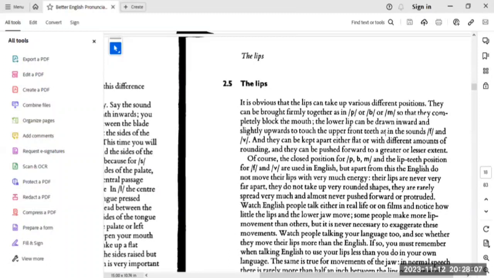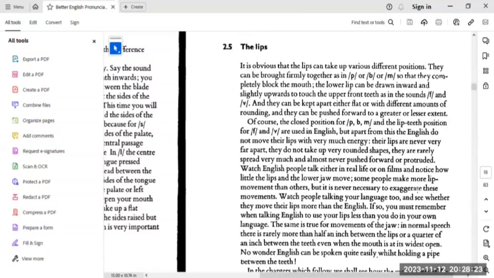We can't. Are you sure? Yes, we need the lips. So there are some sounds that we can't say except by using lips, right? Yes.